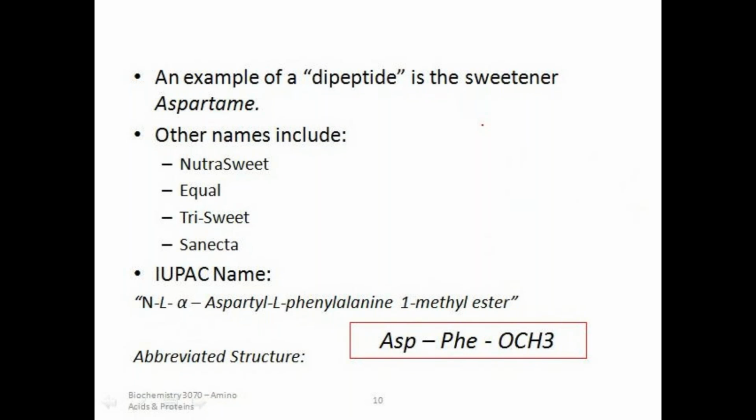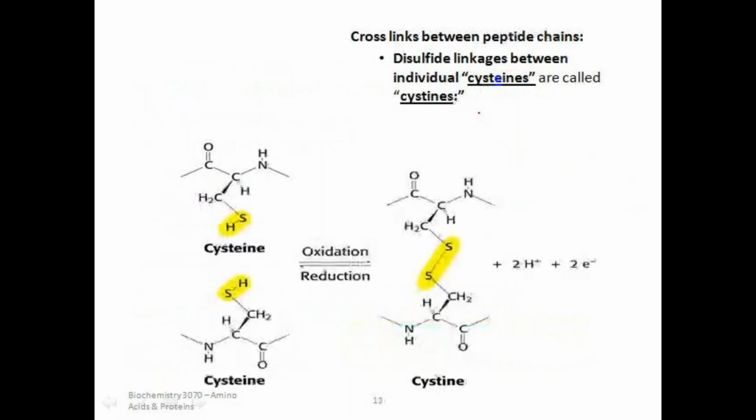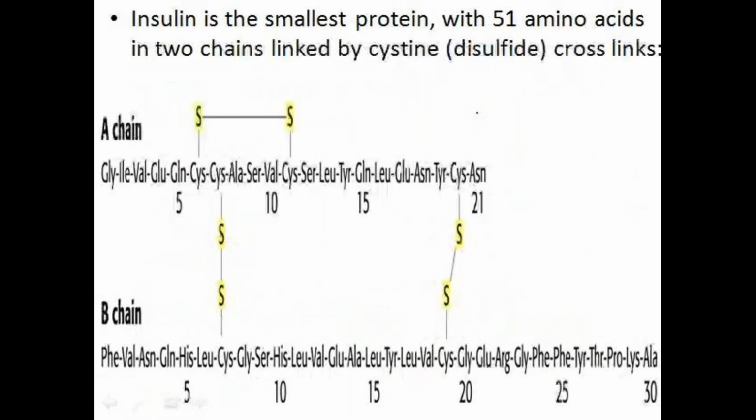Good. Here the naming of different compounds in chemistry and organic chemistry comes from IUPAC. This is the standardized naming, and here it is named aspartyl phenylalanine 1-methyl ester. Okay, and next, insulin.